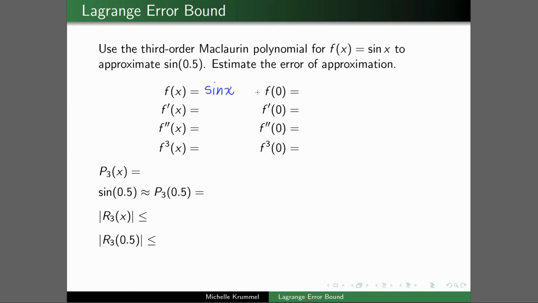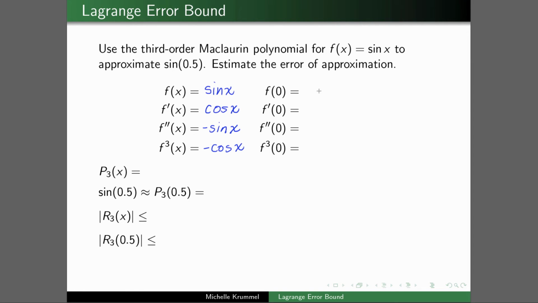And because I'm going to use a third-order Maclaurin polynomial, I know I need to compute up to the third derivative. If f of x equals sine x, then the first derivative is cosine x, and the second derivative is negative sine x, and the third derivative is negative cosine x.